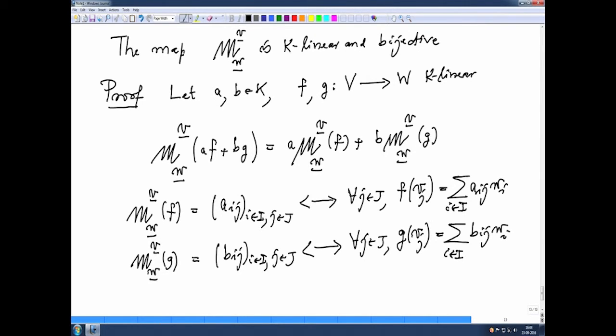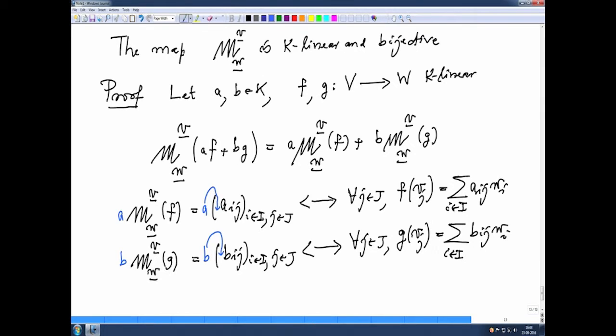When I multiply this matrix by A, our definition says it should go inside. So, this goes inside. Similarly, when I multiply this matrix by B, I multiply here and that should go inside.